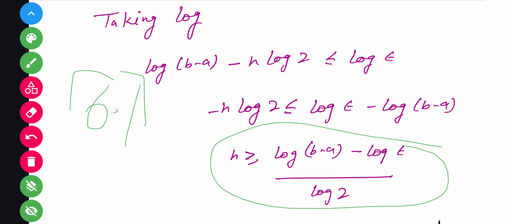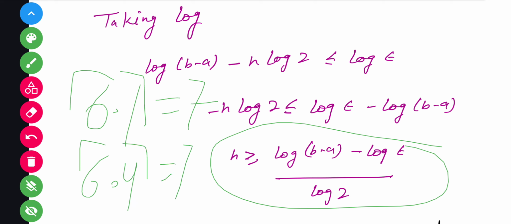That is, we round up to the upper value, so we write it as 7, right? If we find 6.4, we use the ceil function and round up to the higher value. So that is the thing.